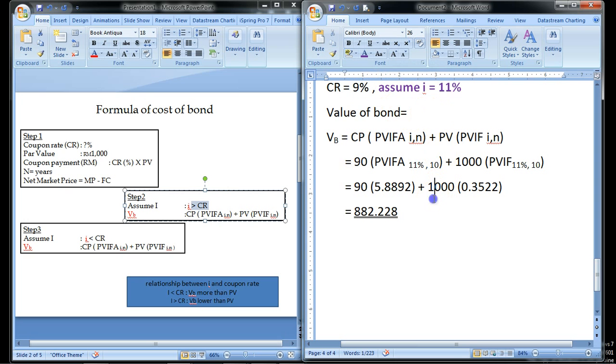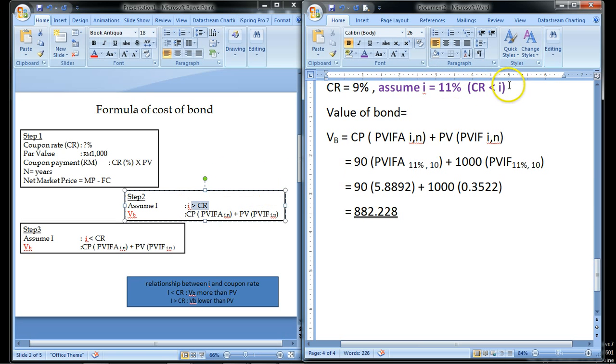Alright? Okay, now when you use 11%, your CR is less than I, correct?